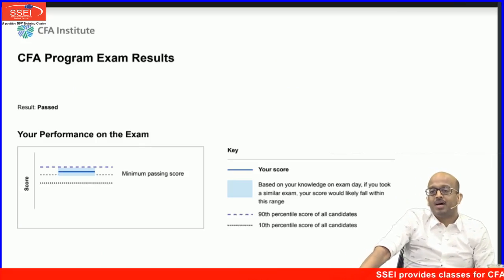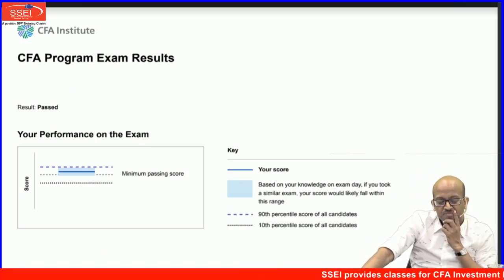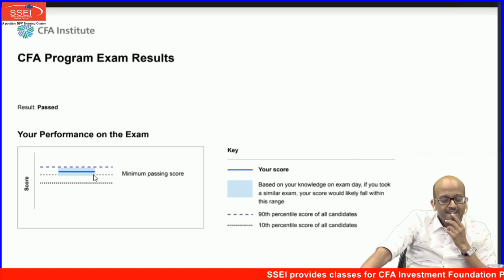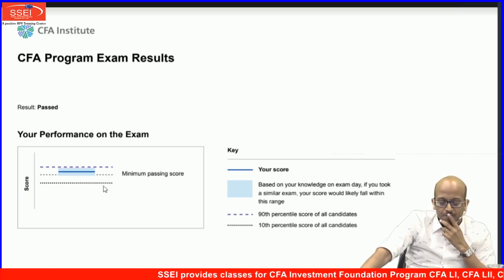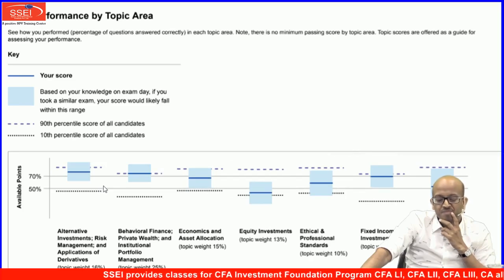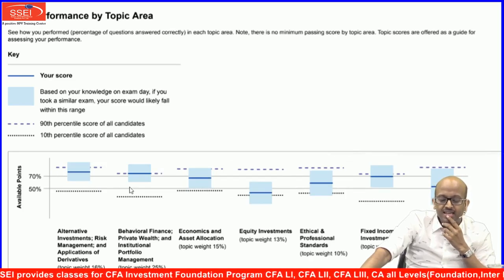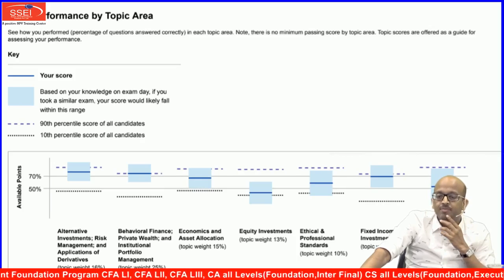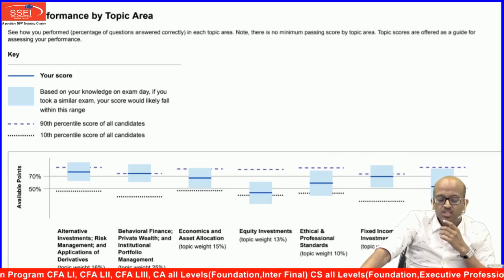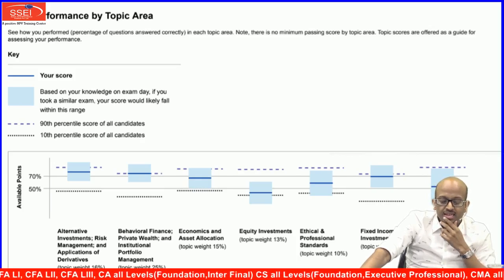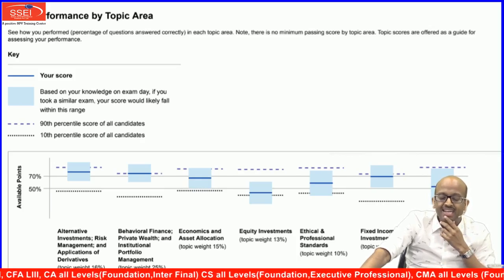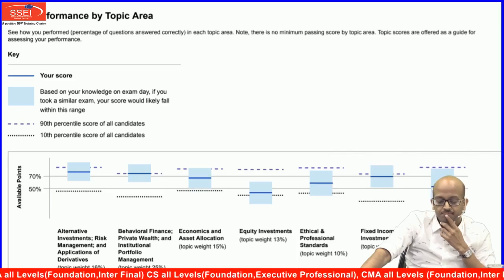A candidate who passed. Minimum passing score. In almost all the areas, this candidate, the sky blue line, is crossing the 70%, is also often crossing the dark blue line, that is the 90th percentile of all candidates.